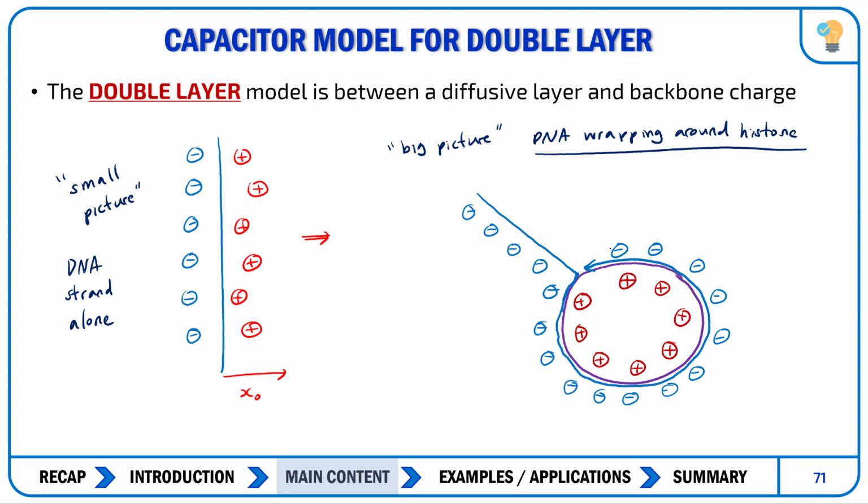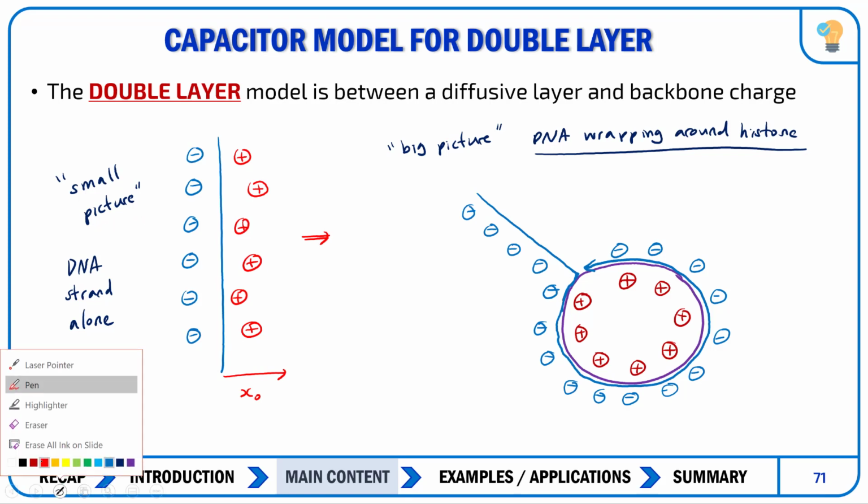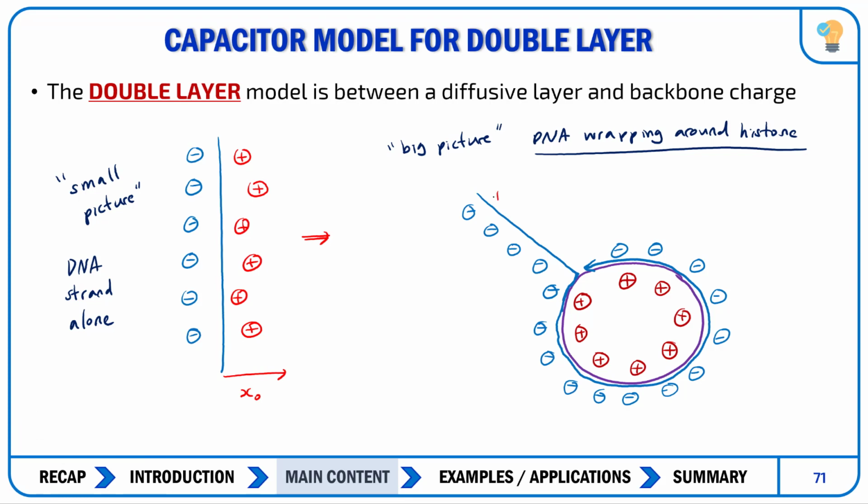But there's also something else. There's this part, the small picture that we looked at before. And this really has to do with the counter ions that exist prior to the wrapping of DNA around the histone.